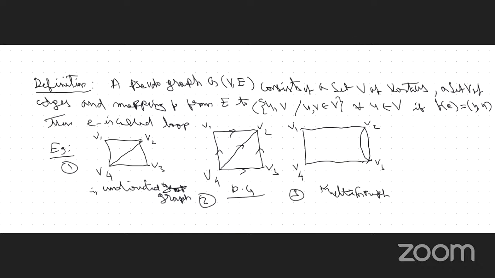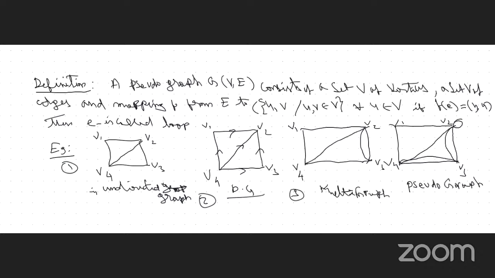Next, V1, V2, V3, V4 is known as a pseudograph. The P is silent in pseudograph.